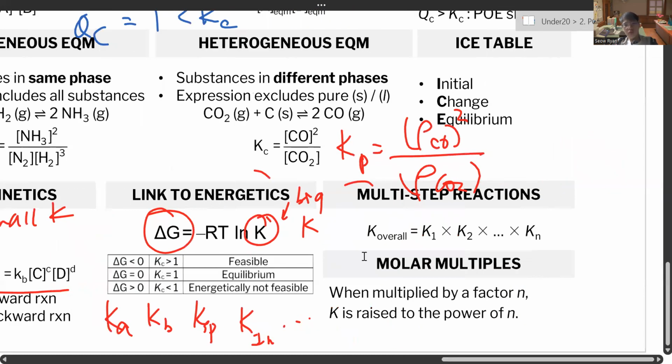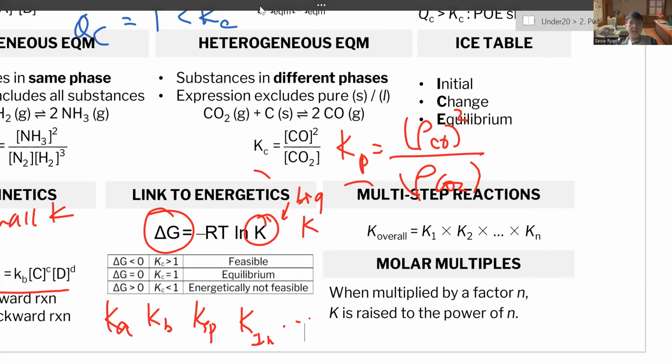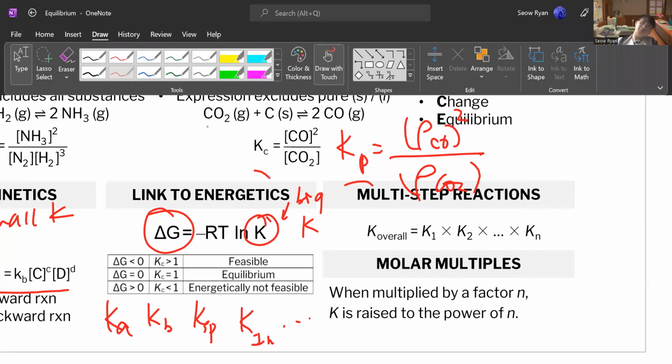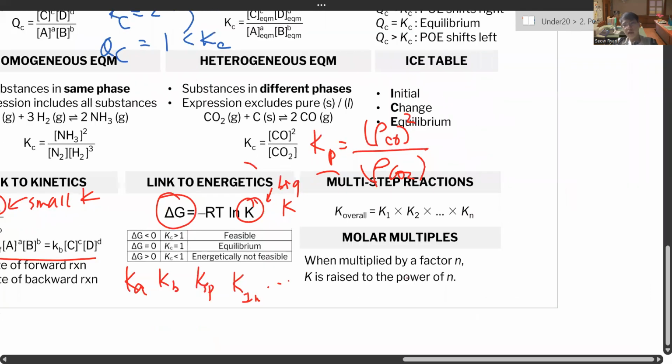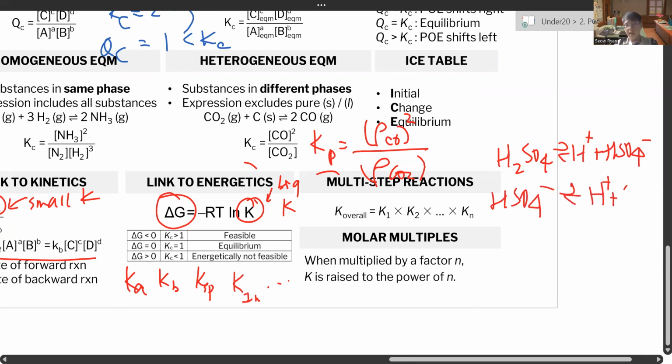Okay, the next tool is a multi-step reaction. Let's say I have a dibasic acid. I know sulfuric acid is a strong acid, but we can always do this, right? So if I have H2SO4 forms H+ and HSO4-, and HSO4- forms H+ and SO4 2-.